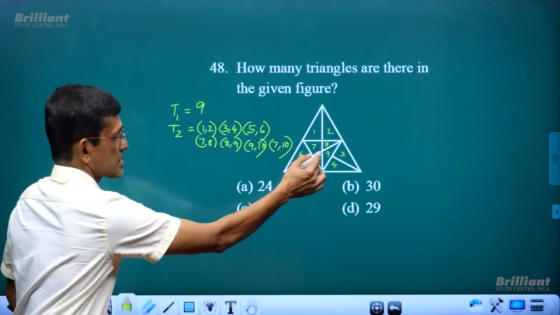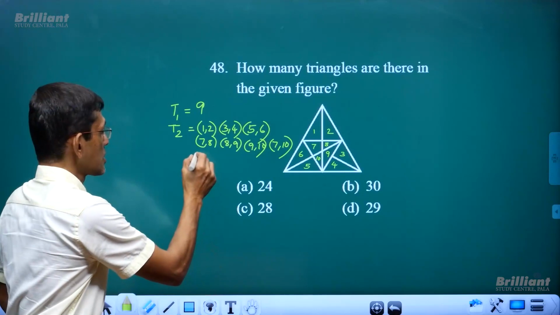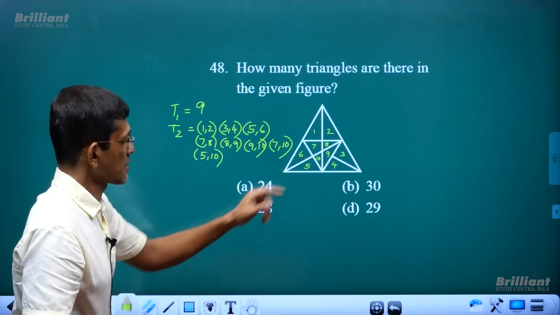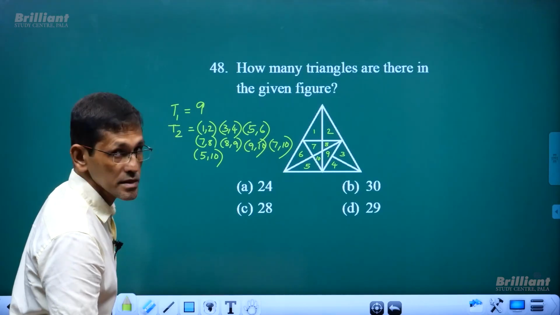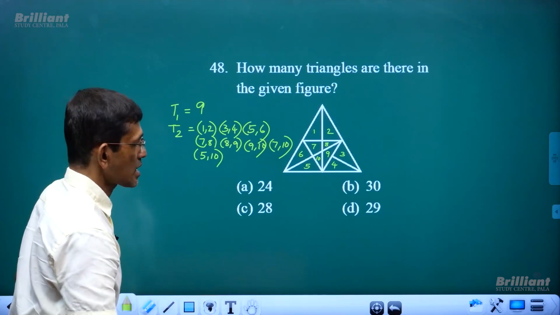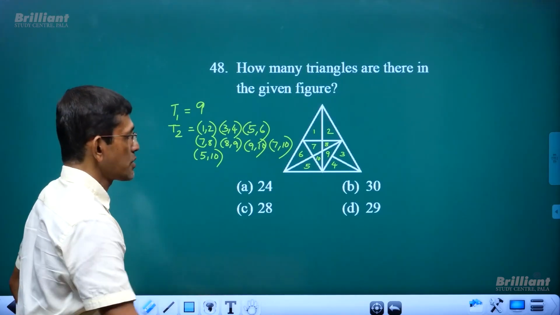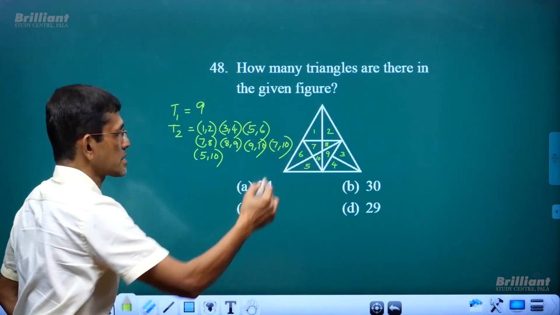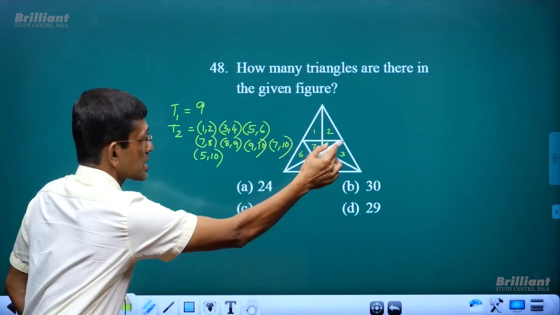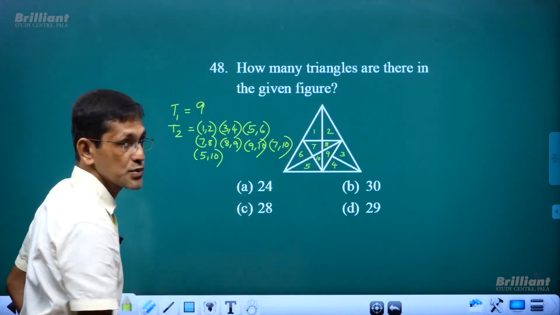You see that? 5 and 10 is a triangle. So we take 5 and 10. Anything else? How about 6 and 7? It's not a triangle. How about 1 and 7? No, it's not a triangle. But 2 and 8, if you take 2 and 8, that's a triangle.